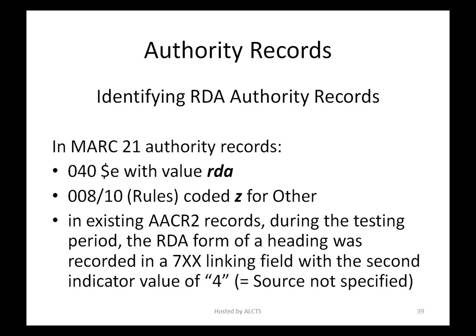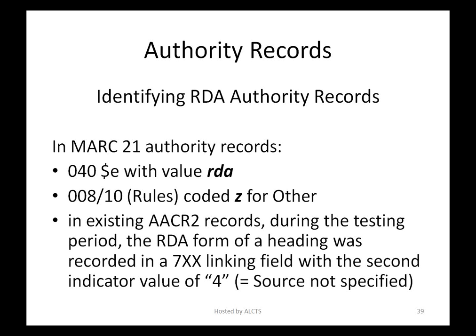I also want to point out that the Library of Congress and the Program for Cooperative Cataloging will, if RDA is to be implemented, consider if some existing AACR2 forms and authority records are RDA compatible. These 7XX linking fields that they've added with the RDA form will not just automatically be flipped without consideration of the categories of differences between AACR2 and pure RDA forms.